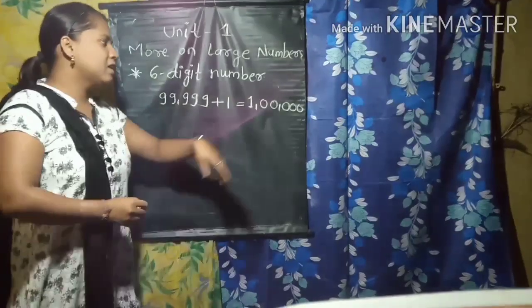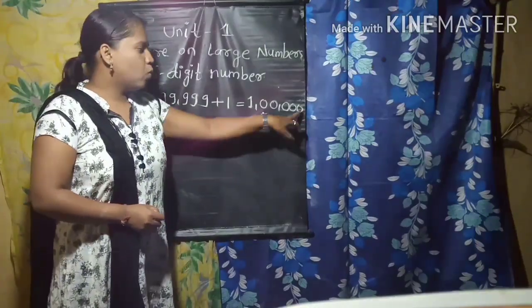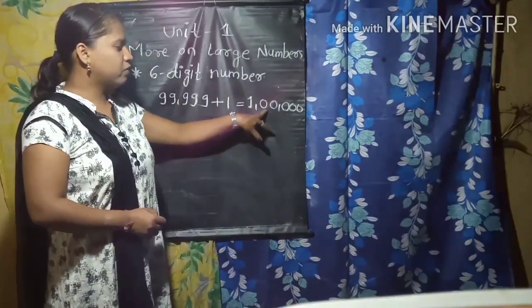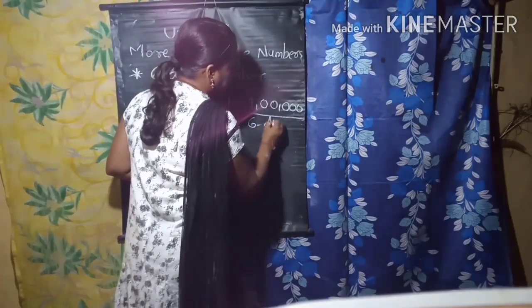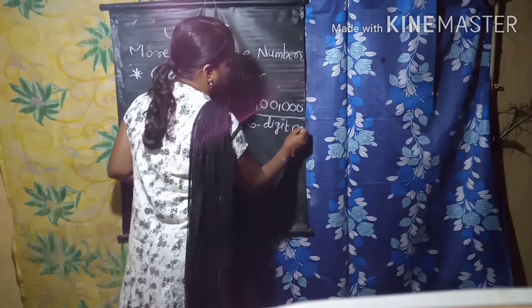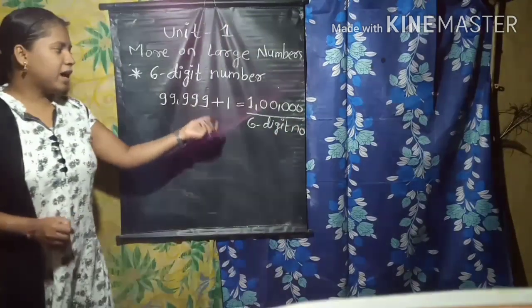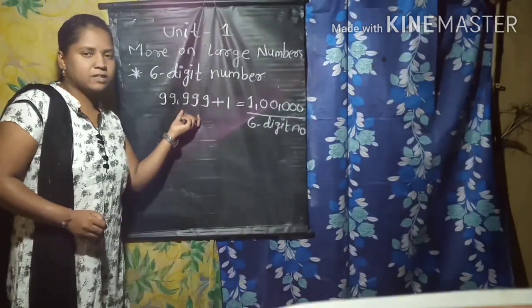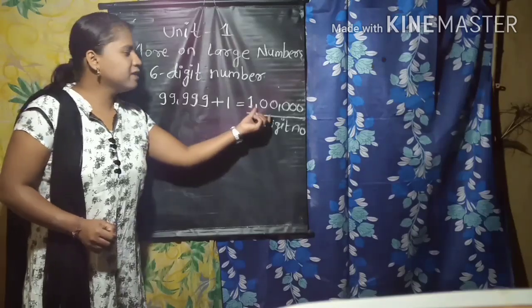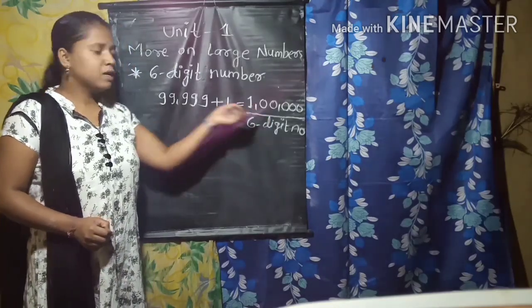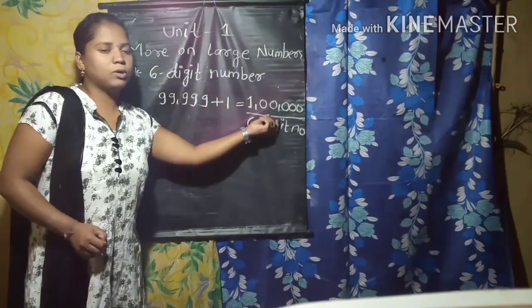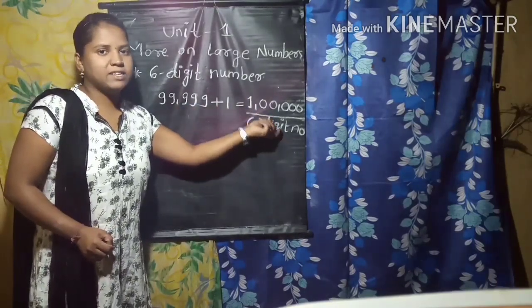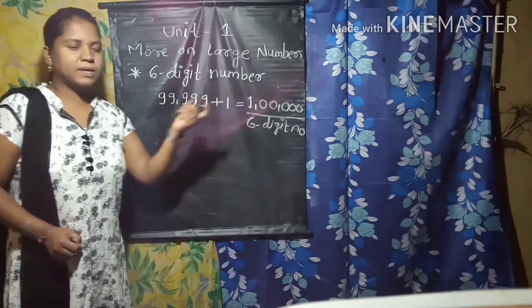So see, how many digits are here? 1, 2, 3, 4, 5, 6, and it is a 6 digit number. When we add 1 into the greatest 5 digit number, we will get the smallest 6 digit number. 99,999 plus 1 is equal to 1 lakh. 1 lakh is the smallest 6 digit number.